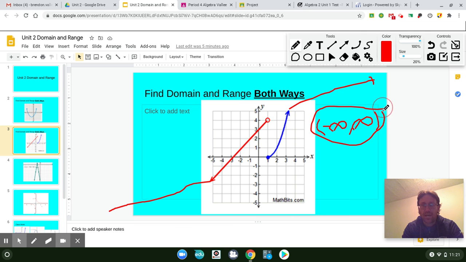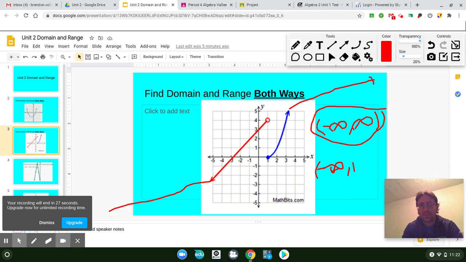But really what happens is it goes from -infinity to 1, and then it stops.